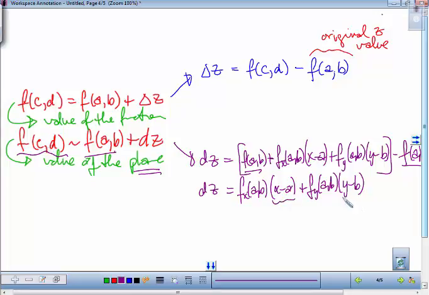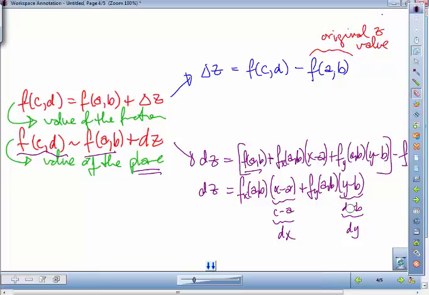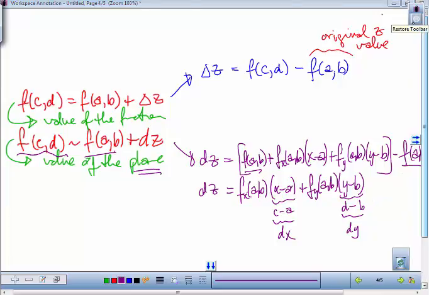And then this is actually C minus A and D minus B, which changes into your dx and your dy. Okay? Hopefully this will give you enough tools to be able to tackle this homework set.